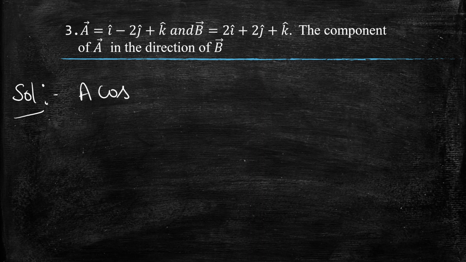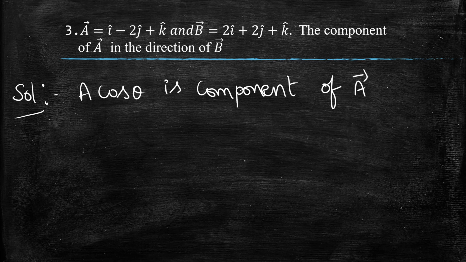A cos theta is the component of a bar in the direction of b bar.